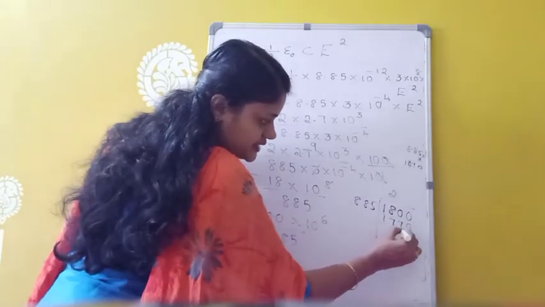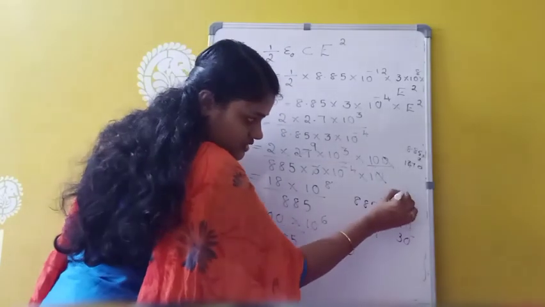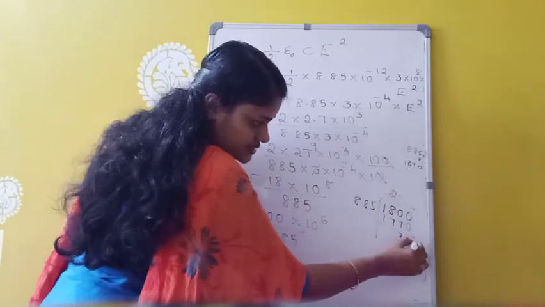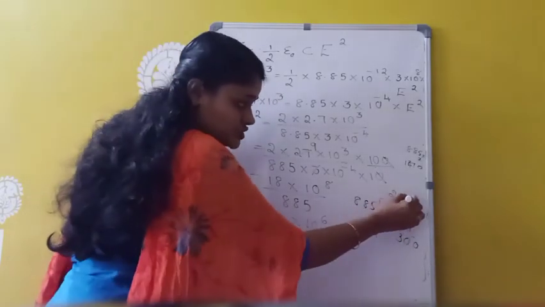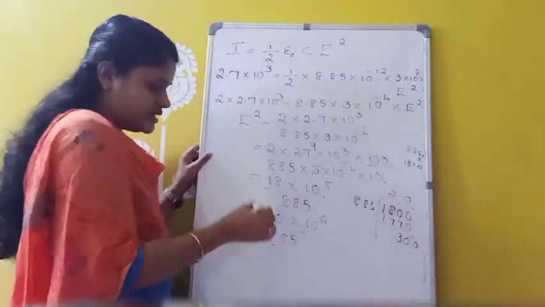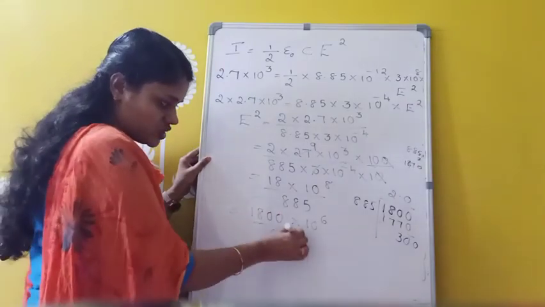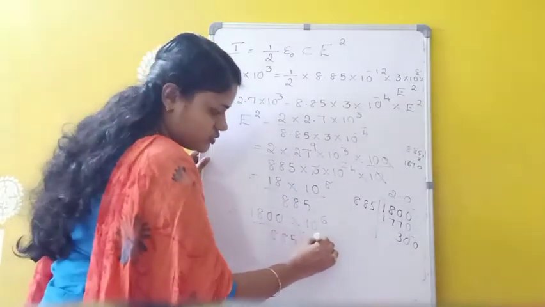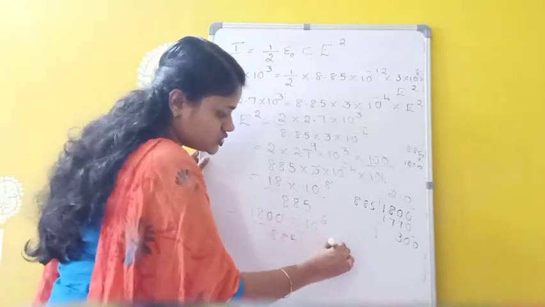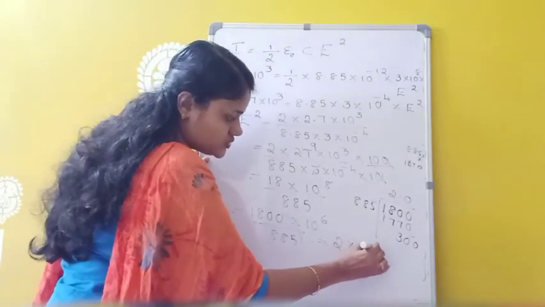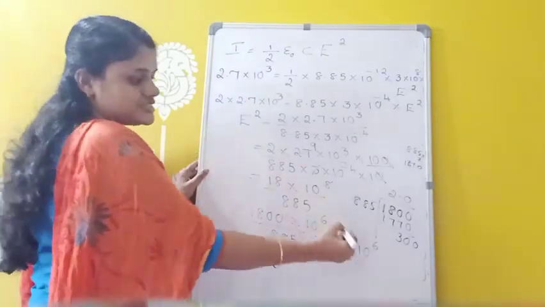Then 0, here 3, so 30, so we have to put a decimal, and again one more 0 we are taking, then also it will not go. That means 2.0 something will come. So nearly this value is how much? 2. I am taking only the nearby value. So 2 into 10 raised to 6. So this is E square.